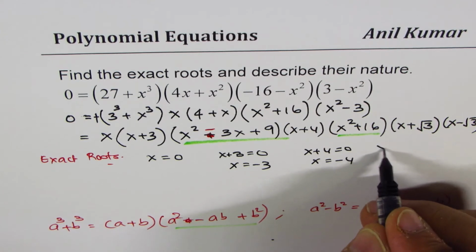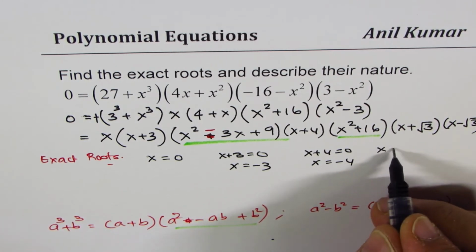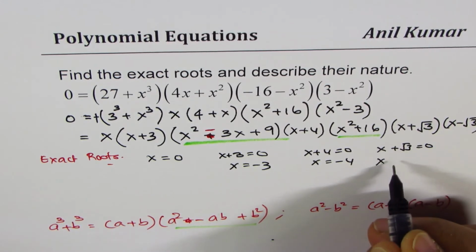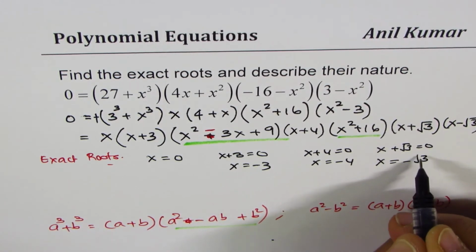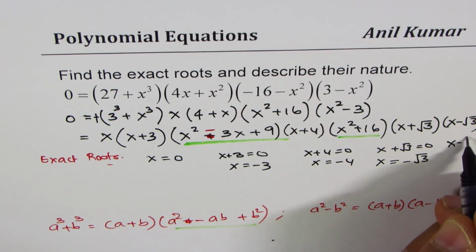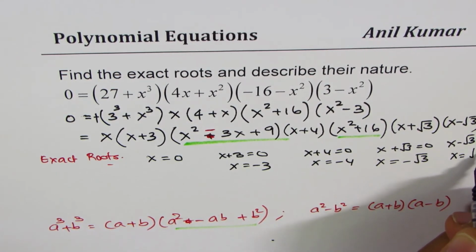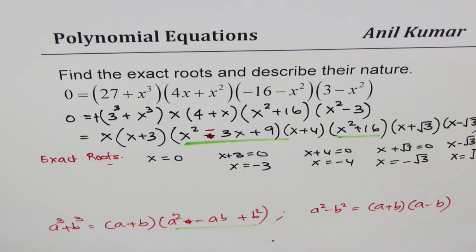We have x plus square root 3 equals 0. That means x equals minus square root 3. And the last one is x minus square root 3 equals 0. That means x equals square root 3. Right? So these are all the roots.